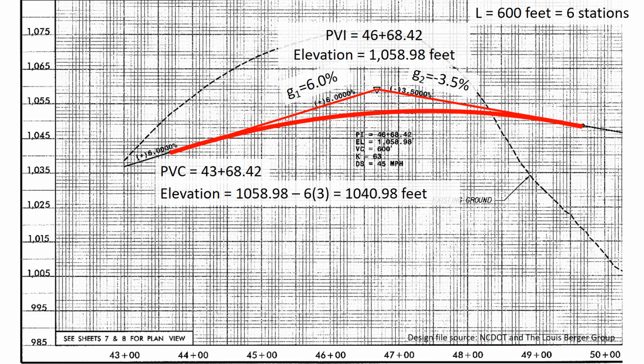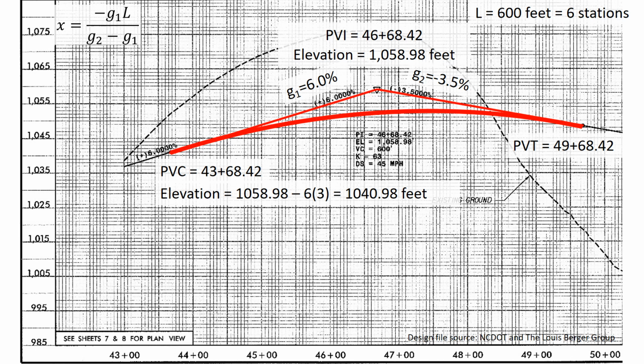So the elevation of the PVC is 1,040.98 feet. And we'll see it plays a prominent role in our parabolic equation. That's why I went ahead and solved it here. We can also find the station of the PVT. It's 300 feet past the PVI, so it's at station 49 plus 68.42.